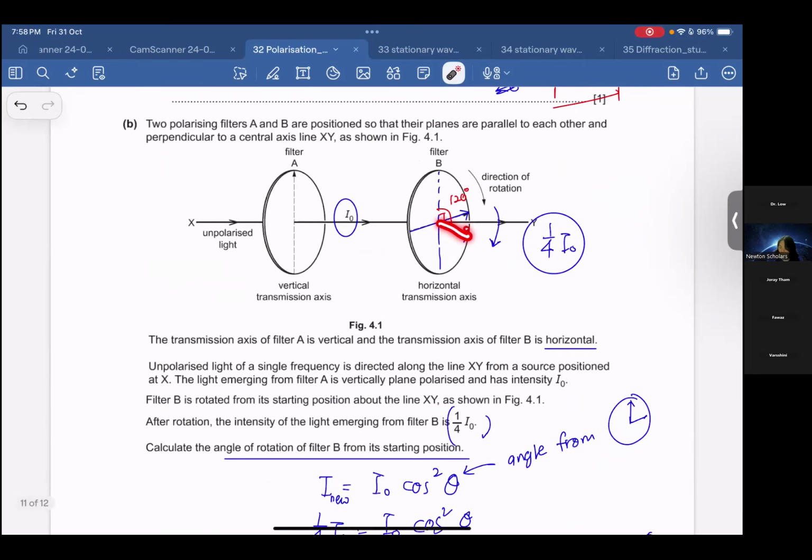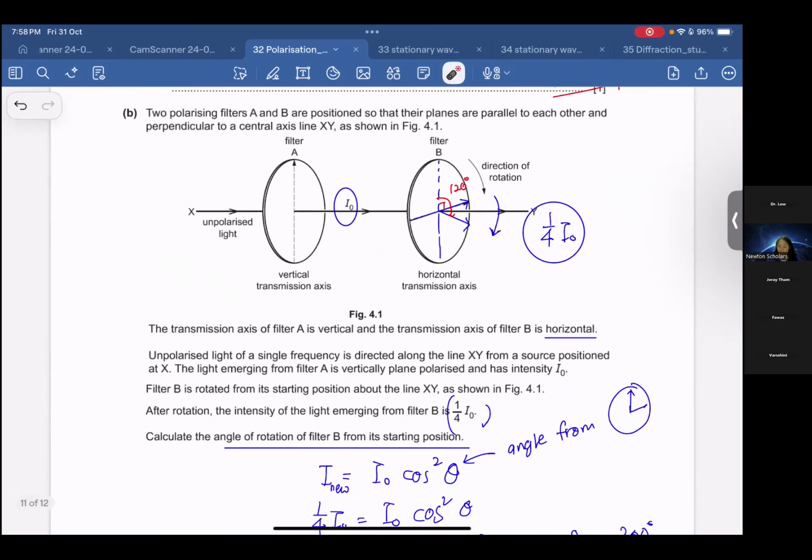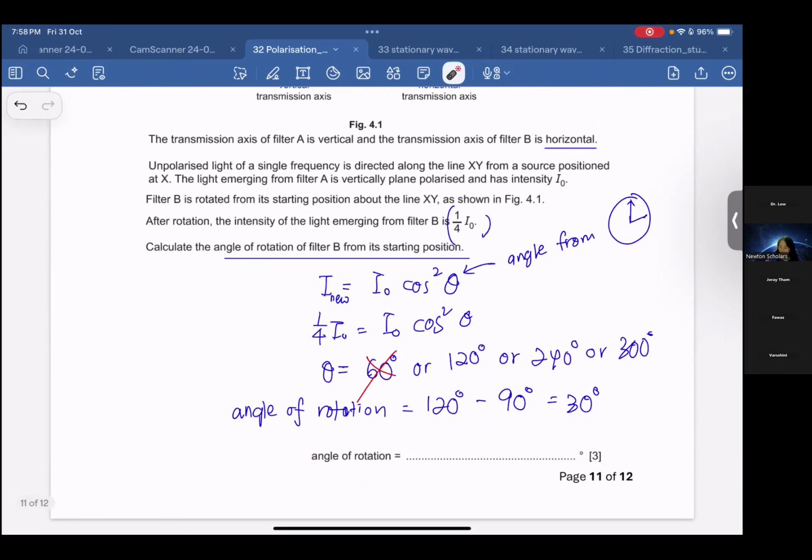If 120 compared to our initial position, we rotate an extra 30 degree. That is the answer that we should get. So at here, your answer can be 30 degree. If you are able to get 30 degree, you already score full mark. If you are getting somewhere here, you get 2 marks.